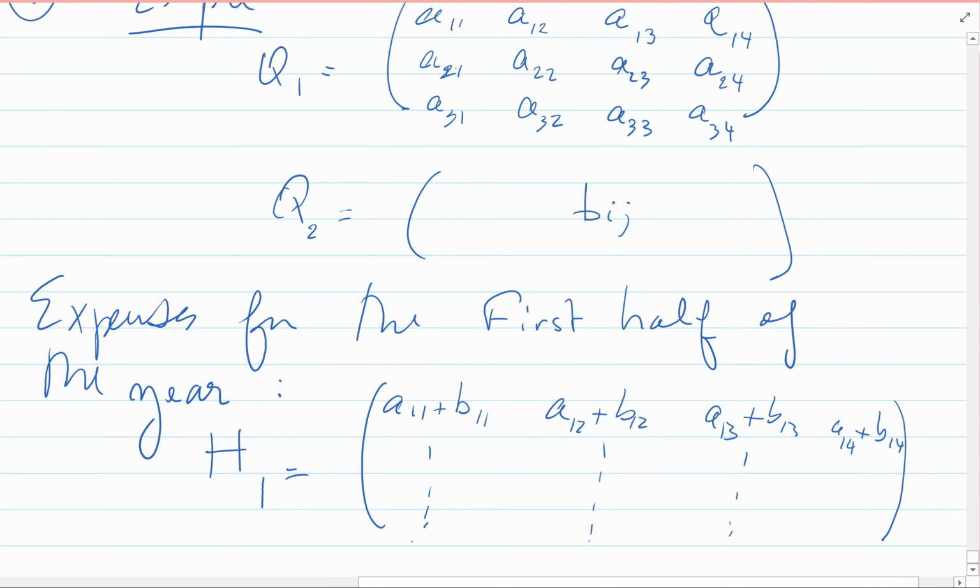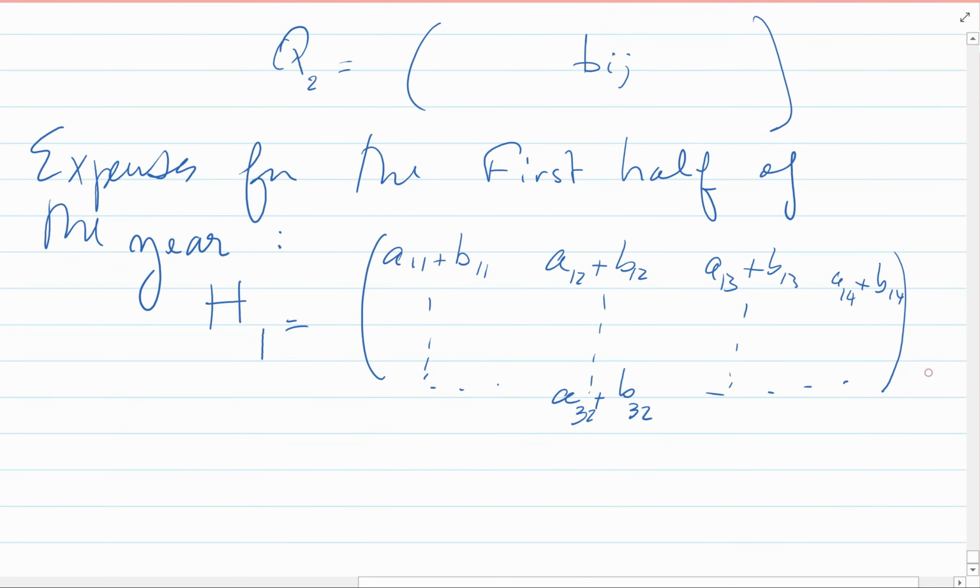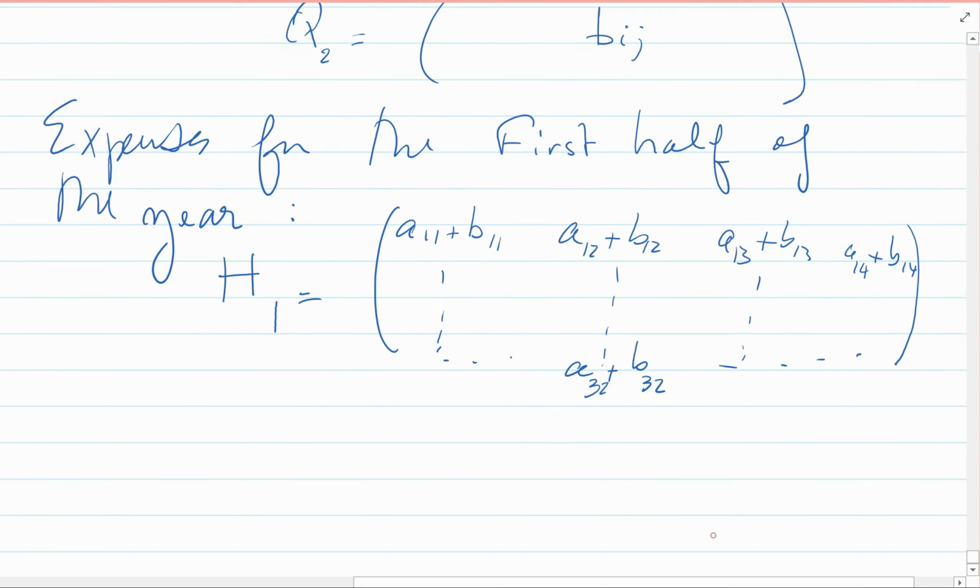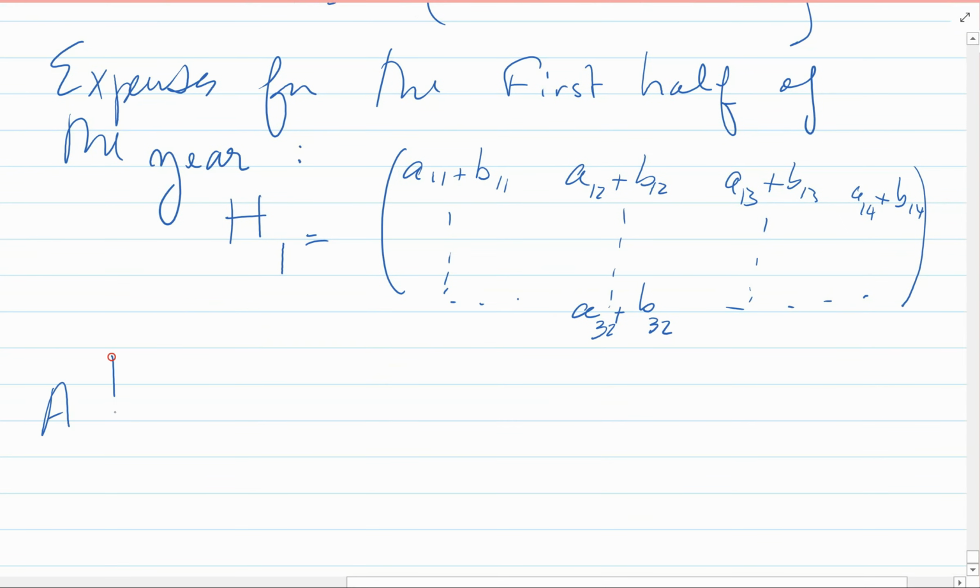Here, for example, it will be A32 plus B32. So you just add them basically. You add them all. So what did we do? We took every entry in the first quarter and added it to the same entry in the second quarter. So this is known as addition of matrices.